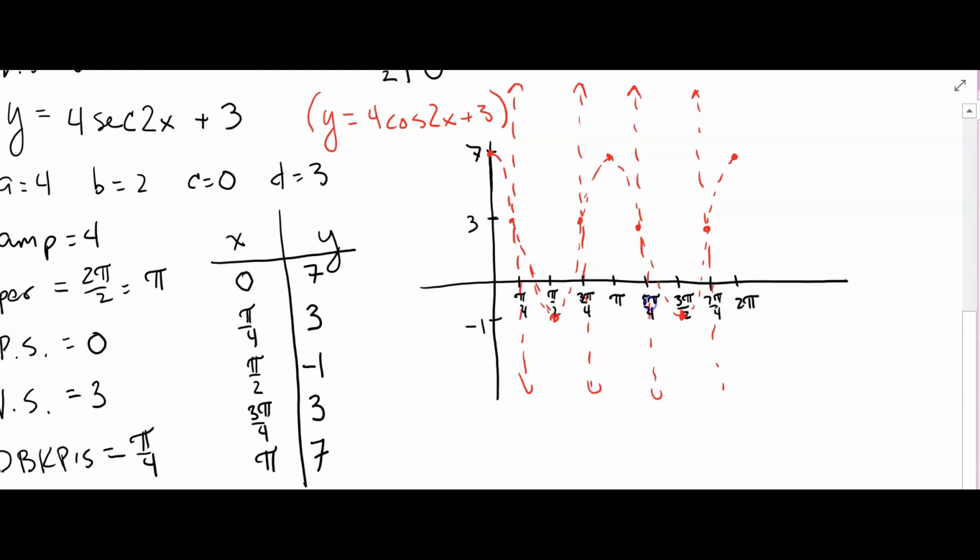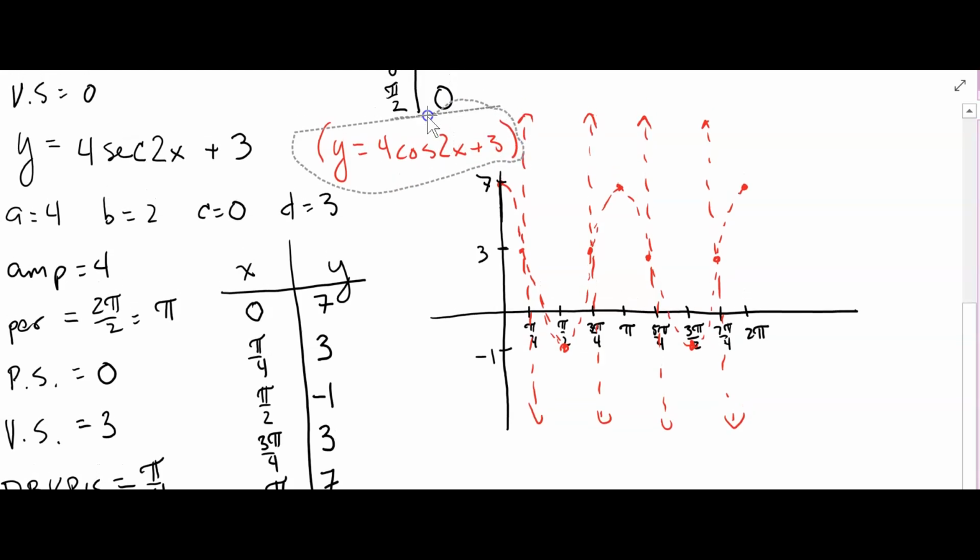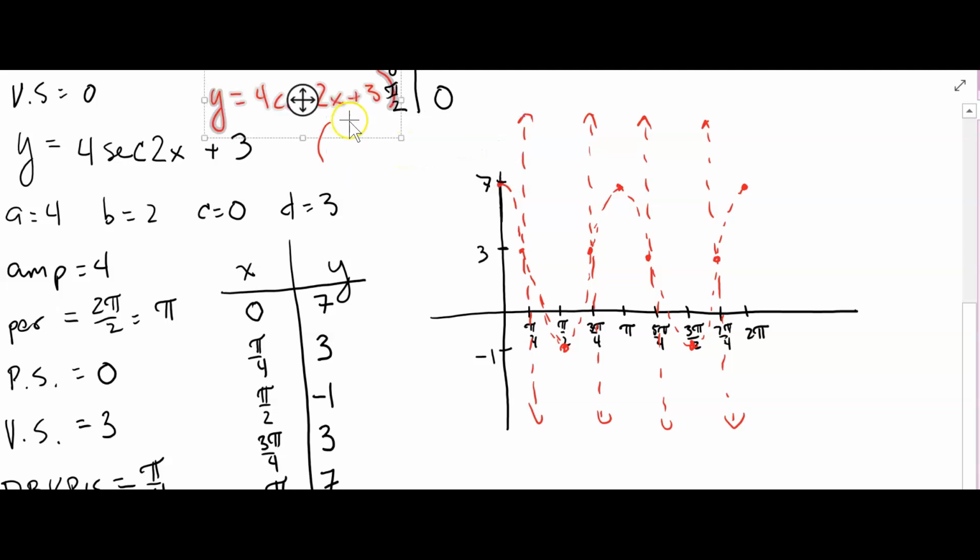All right, so we haven't really drawn the graph yet. We're going to in a second. Let's move this out of the way. Okay. All right, so now, just like we reflected the pieces in between the asymptotes, we're going to do the same thing here.